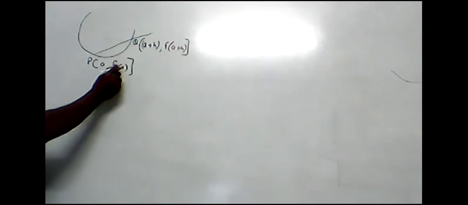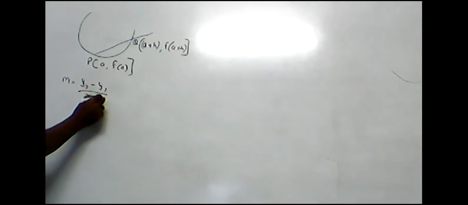So here you have these coordinates: A and f of A, and A plus H and f of A plus H. Now when we need to find the slope, you know a formula: slope m is equal to y2 minus y1 upon x2 minus x1.